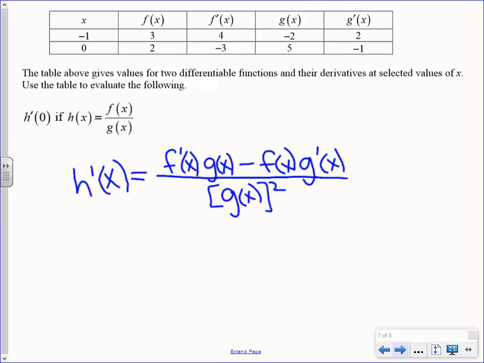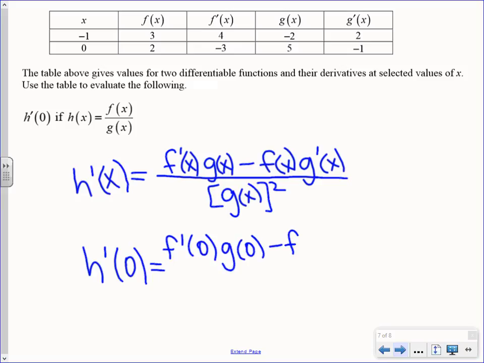Okay, so now if we want h prime of 0, then we are just going to plug 0 in everywhere. So f prime of 0 times g of 0 minus f of 0 times g prime of 0 all over g of 0 squared.